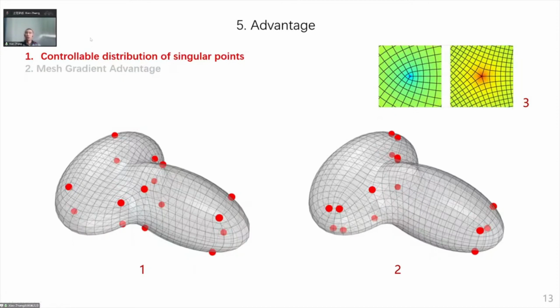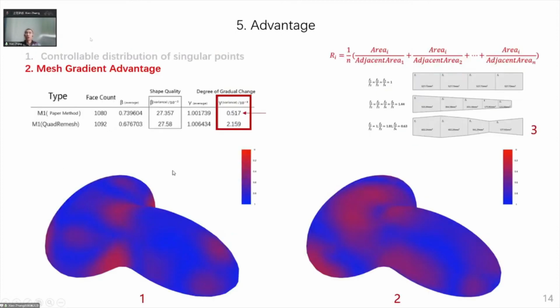It is controllable. However, if we use QuadRemesh, a tool in Rhino 7, it is almost not that controllable. Some parts may have too many of these kinds of points. So if we use our method, we will have a better distribution of it.